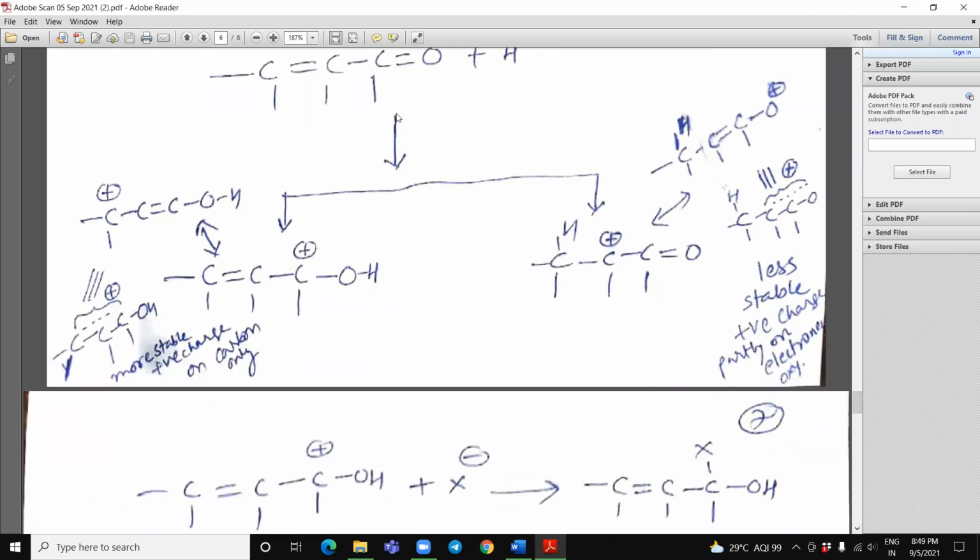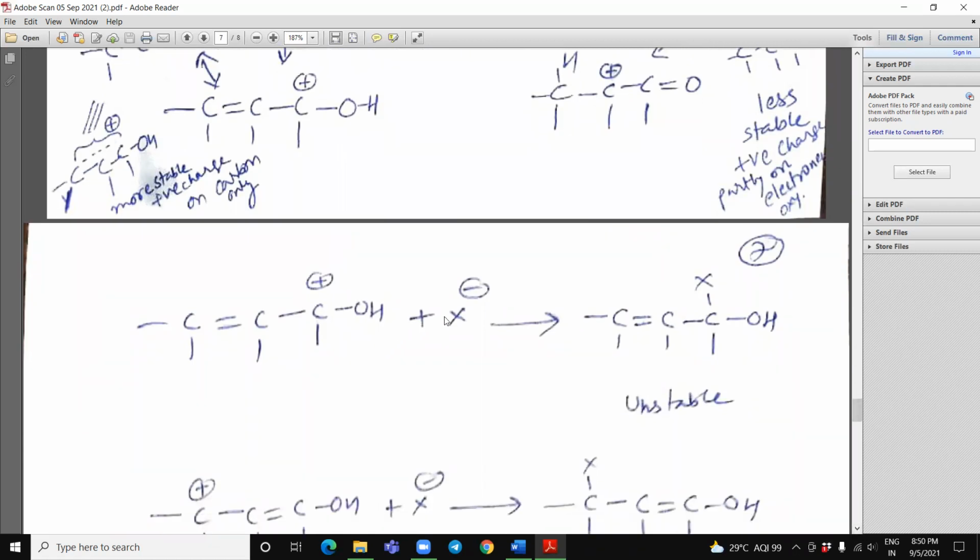Two types of protonation are possible. If the proton is added to the oxygen, it will give a more stable positively charged carbon. Whereas when it is added to this carbon, it will give a less stable positively charged carbon.